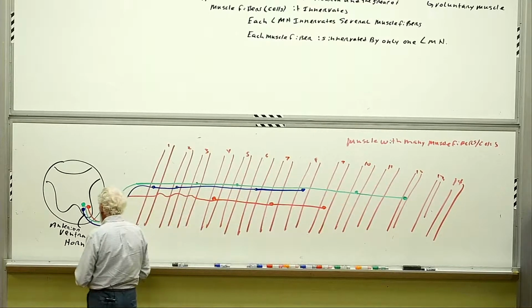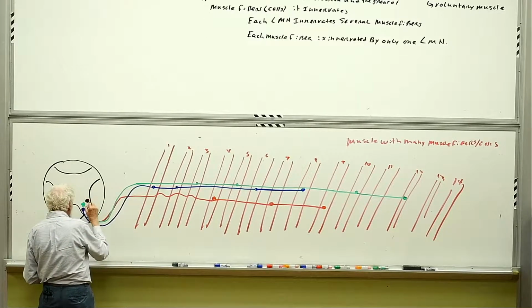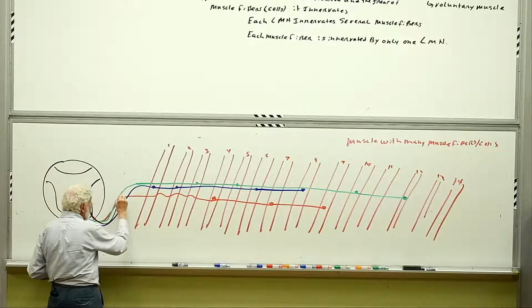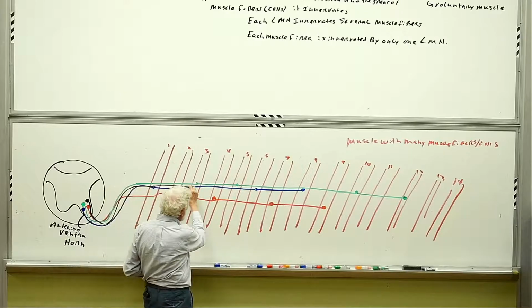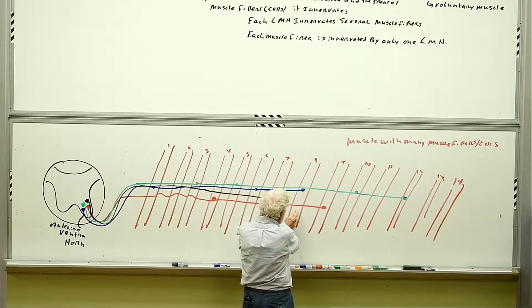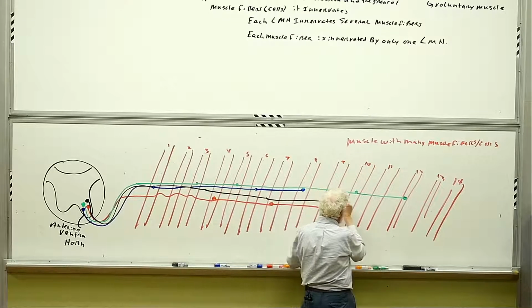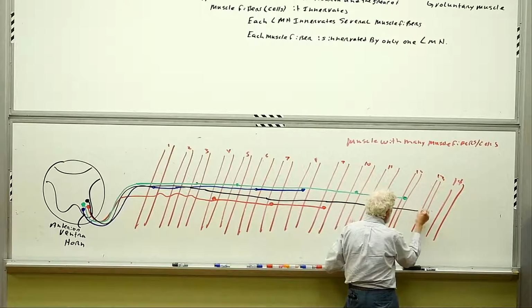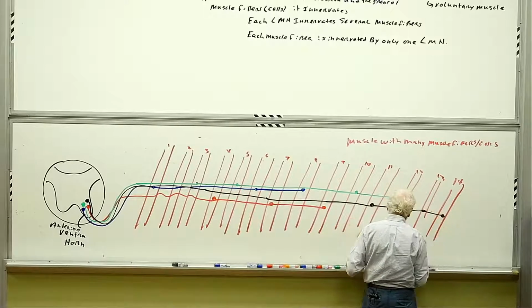And black, another motor neuron, does the same thing, and now it innervates... I have to make sure. It's going to innervate 11, 13, and 14.